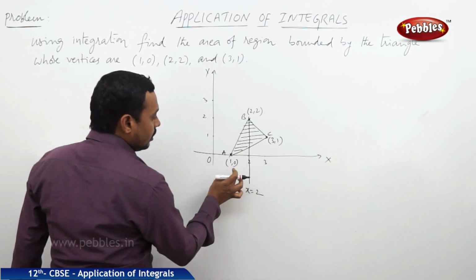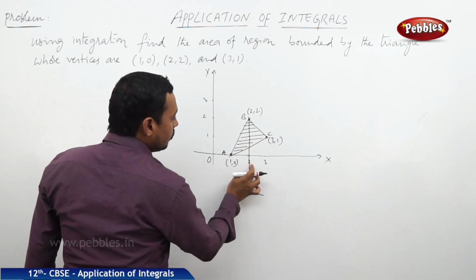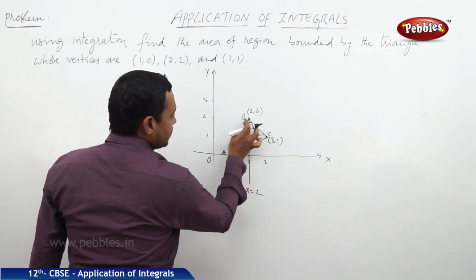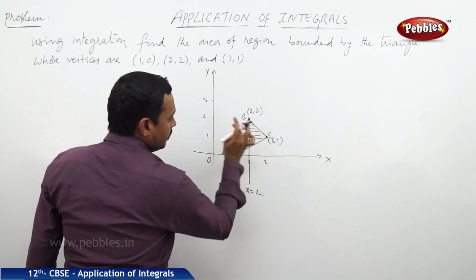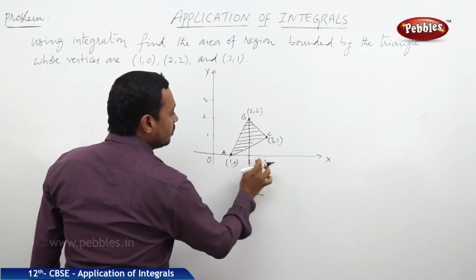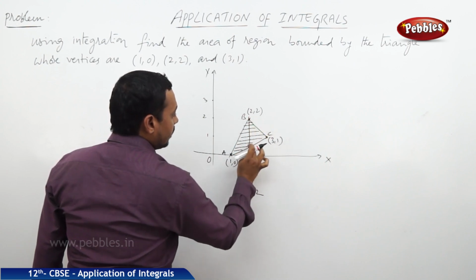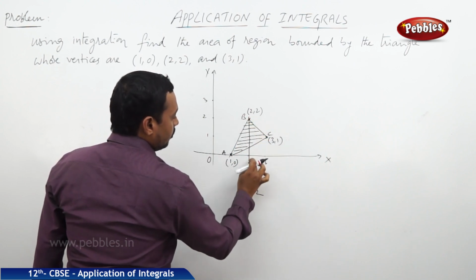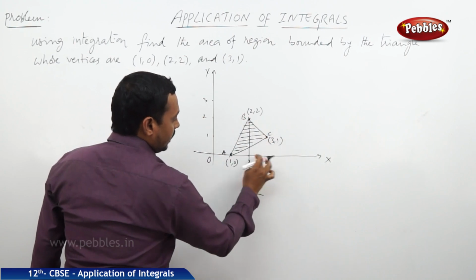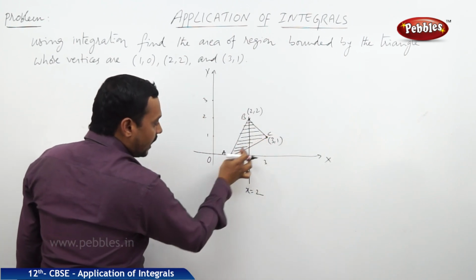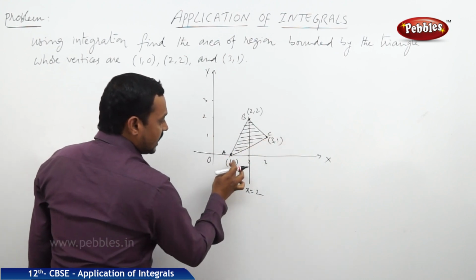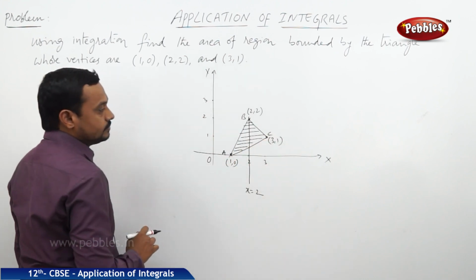Now look here, from 1 to 2 we can integrate this curve, and we can get this much area. From 2 to 3, now we can get the area here. Now subtract the area that is obtained by the AC straight line between 1 and 3.